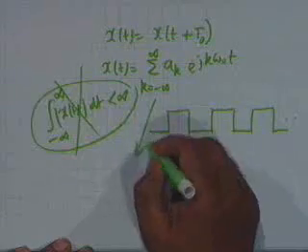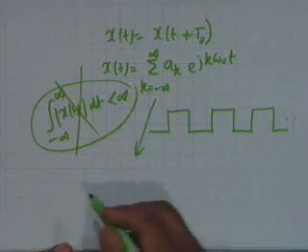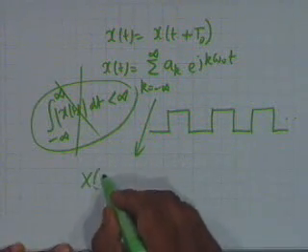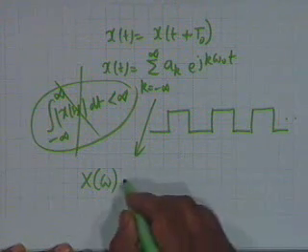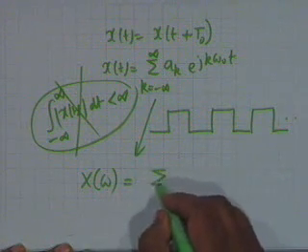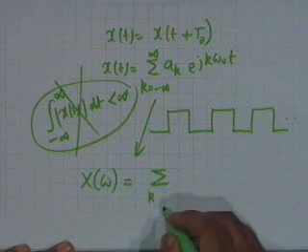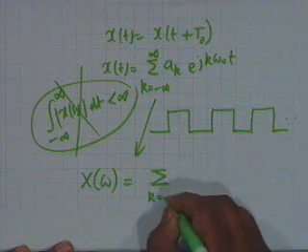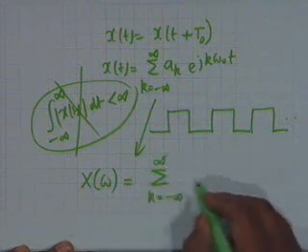And to show this, if at all this is Fourier transformable, what we should have is capital X of omega should be equal to summation, because it is a linear decomposition, k equal to minus infinity to infinity a_k.